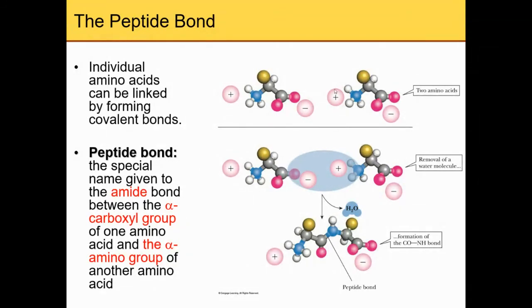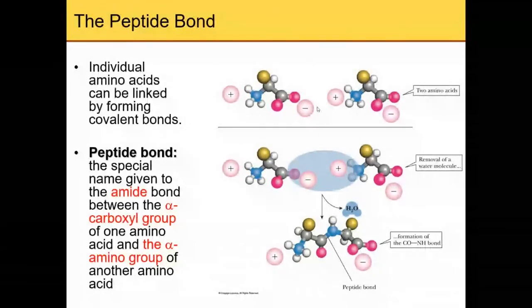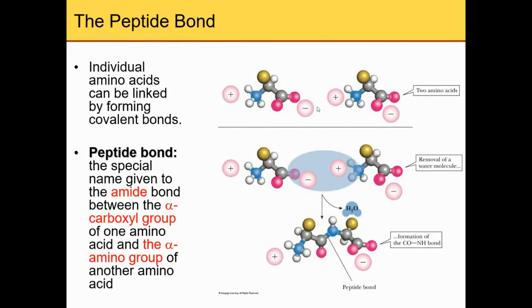These 2 amino acids can form the peptide bond by dehydration. You remove 1 molecule of water, and then you connect them. You form the amide bond between the alpha carboxyl group of 1 amino acid and the alpha amino group of another amino acid, and that's a CONH bond, the peptide bond.